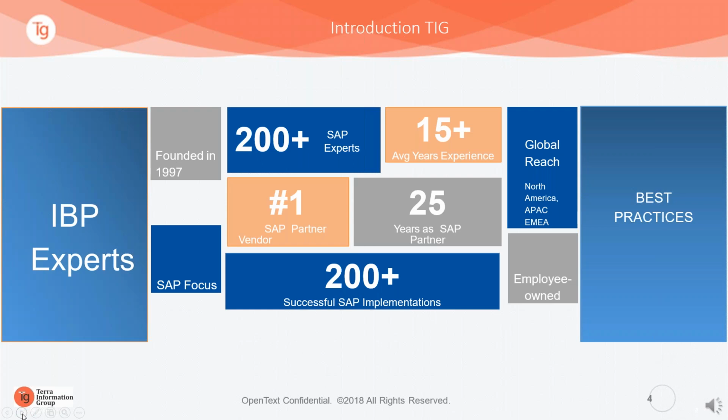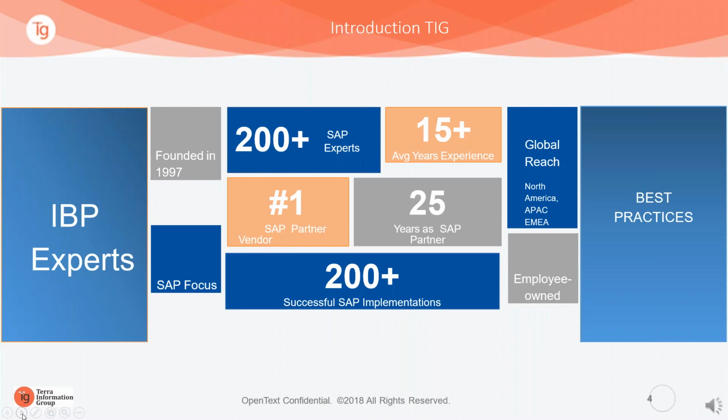This is a high-level overview. We're about 200 people, and we were founded in 1997. We're an SAP services partner globally, and most of our consultants have over 15 years of experience. We are a global company with an office in North America, Chicago headquarters, Asia Pacific, EMEA, and we also have some Latin America exposure in Argentina.